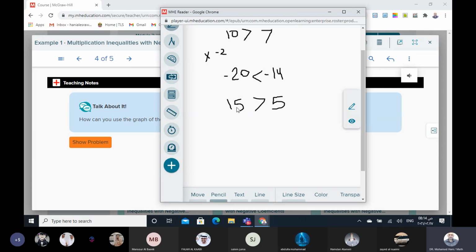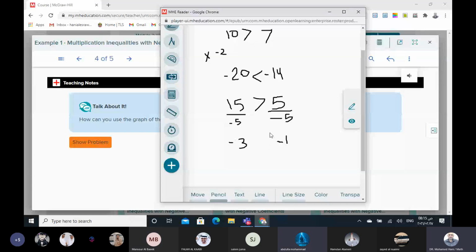Now we have this inequality, 15 greater than 5. If I divide the two sides by a negative number, divide here by minus 5 and divide here by minus 5, 15 divided by minus 5 will be minus 3, and 5 divided by minus 5 will be minus 1. Is minus 3 greater than minus 1?